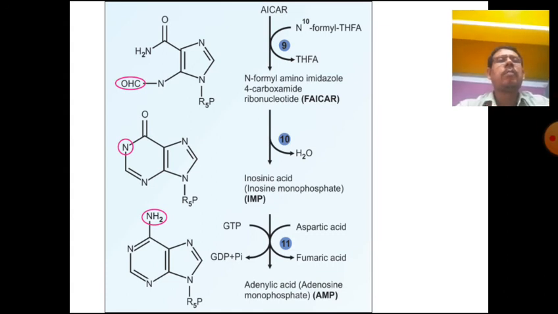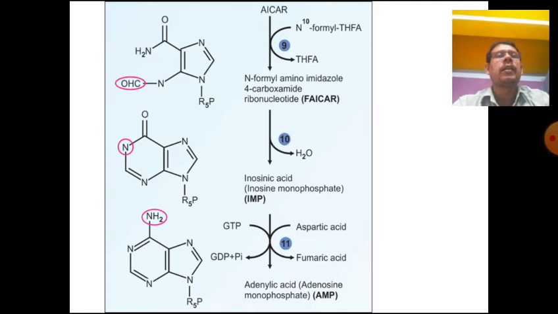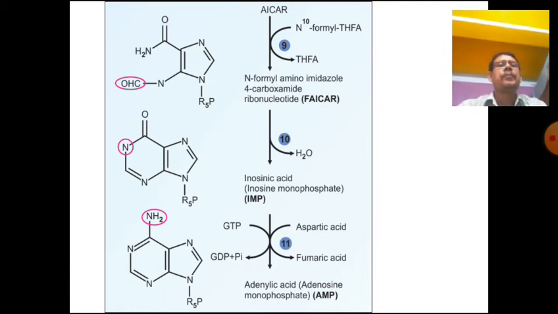Then in another step, step 9, this compound is converted into N-formyl amino imidazole 4-carboxamide ribonucleotide. Then in step 10, inosinic acid, or inosine monophosphate, is formed.